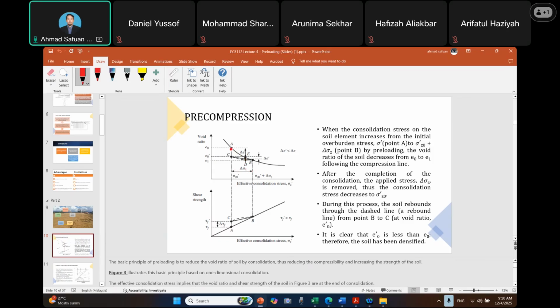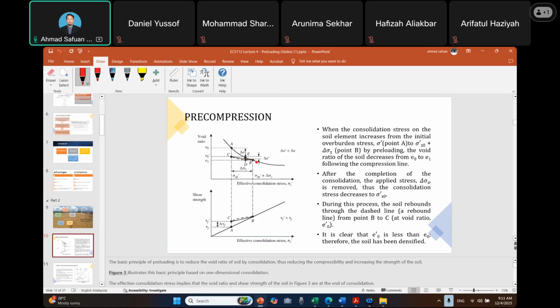Then from A we move to B. The void ratio of the soil decreases from e0 to e1, following the compression line. That is very common when we apply a surcharge or additional loads, so there will be a decrease in void ratio.